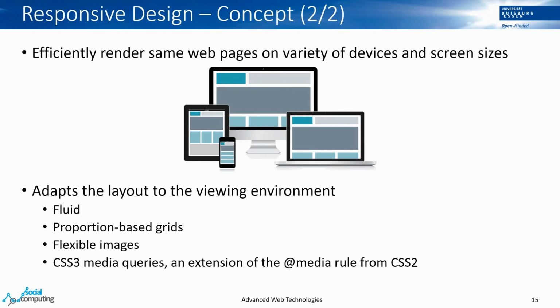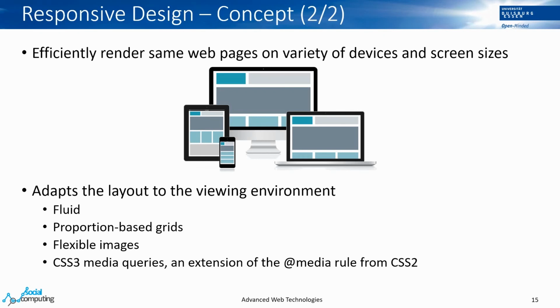Another concept is flexible images, which change size according to the size or width of the screen. And how this can be achieved is also through CSS3 media queries, which allow you to define how different classes act based on different screen resolutions or different devices.